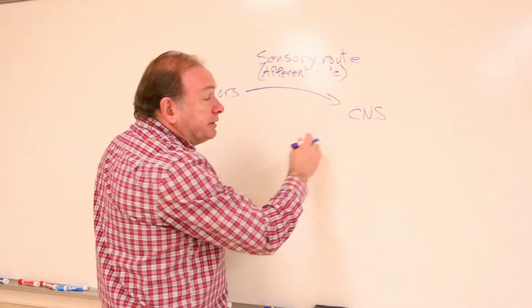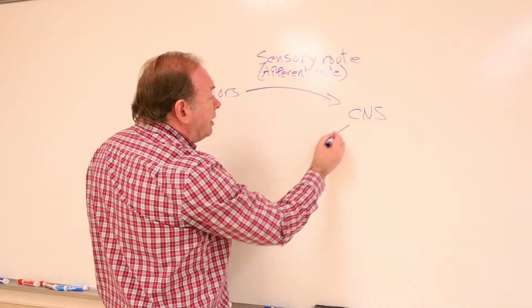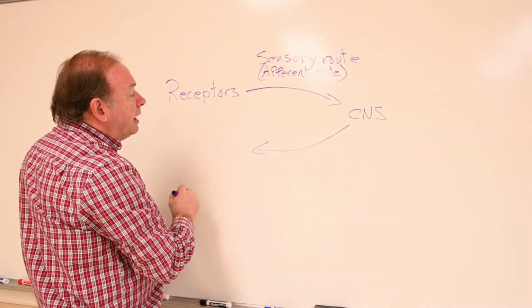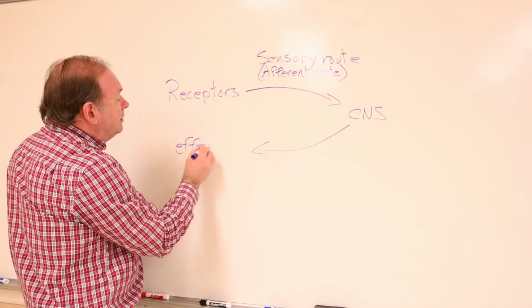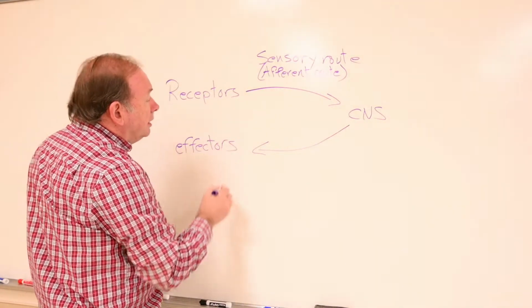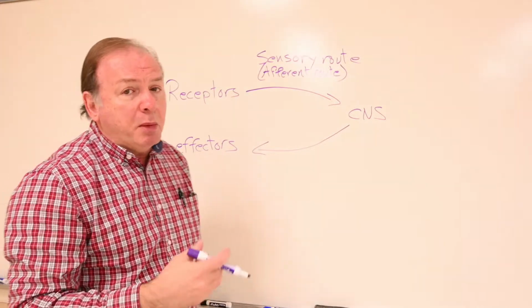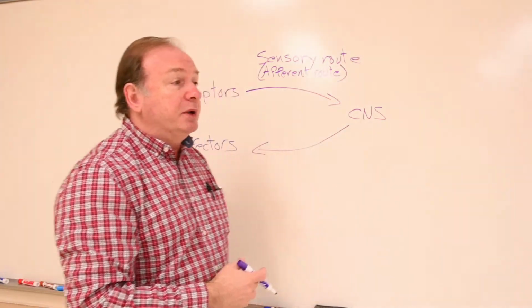The central nervous system can also send signals out, and those go along fibers to effectors. Effectors are, for the most part, muscles and glands.